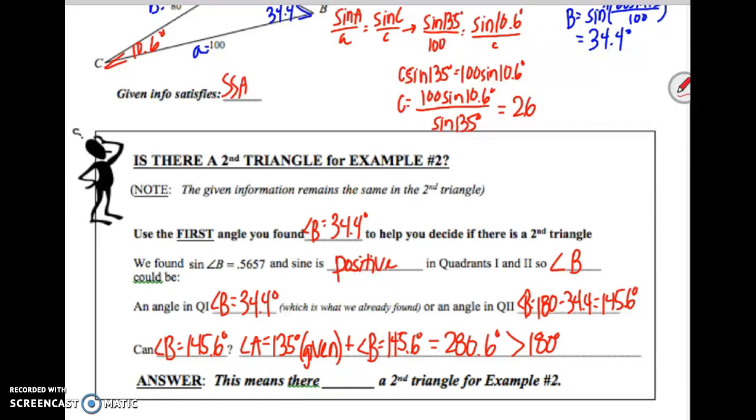So since 280.6 degrees is greater than 180 degrees, this means that there is not a second triangle for example number 2. If that number, 280.6, happened to be less than 180 degrees, then we would have a second triangle for example 2.